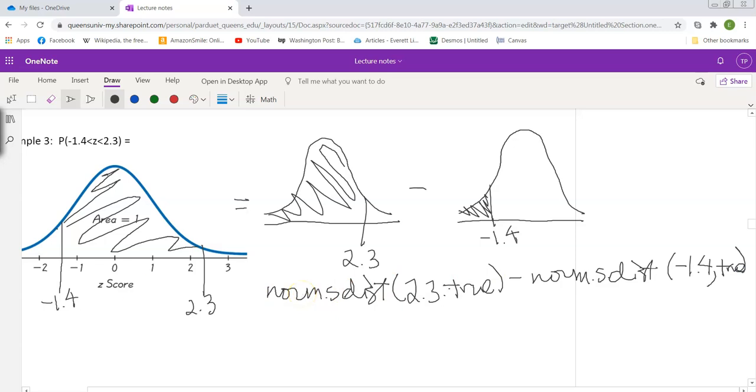Okay. Let's first do that in pieces so you can get a better idea of how this is working. So let's do this first part. So norm S dist 2.3 true.